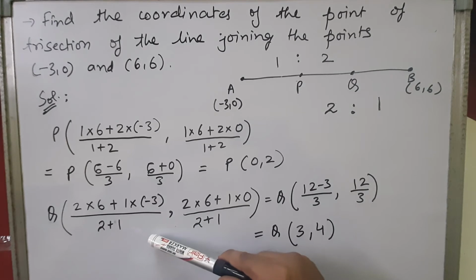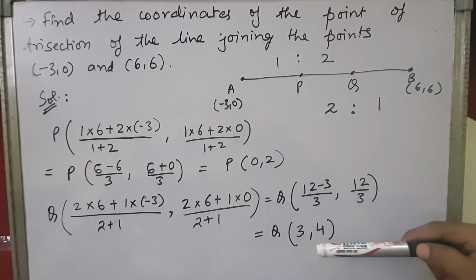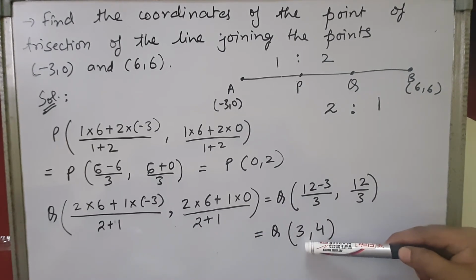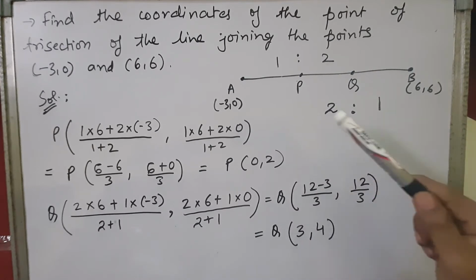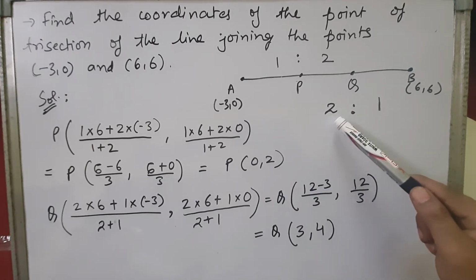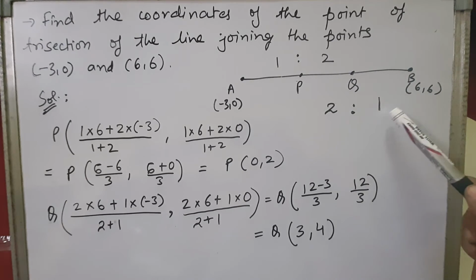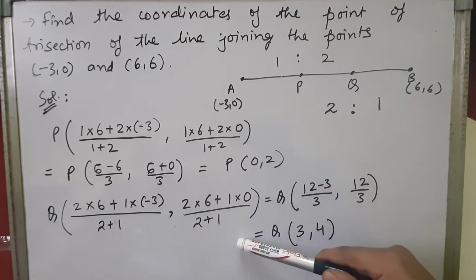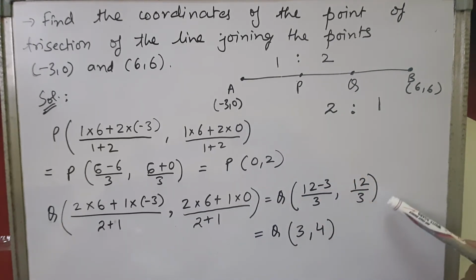So 2 sixes are 12 minus 3 upon 3, it will be 9 upon 3, it will be 3. And for finding the ordinate, M1 y2 plus M2 y1 upon M1 plus M2. When we solve, we'll get 12 upon 3, that is 4. So the coordinates of point Q will be (3, 4). Alright children, note down please.